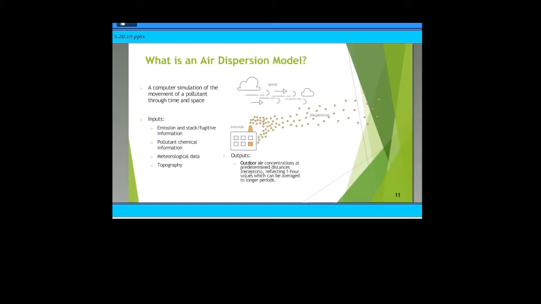So if the plant's in the middle of a big circle, the model will go out 50 kilometers, or a little over 30 miles, in each direction in a bigger circle. So the outputs, again, are the ambient concentration at a receptor and for a given time period. And usually we use the average annual concentration. We like to look at a year's worth of data.